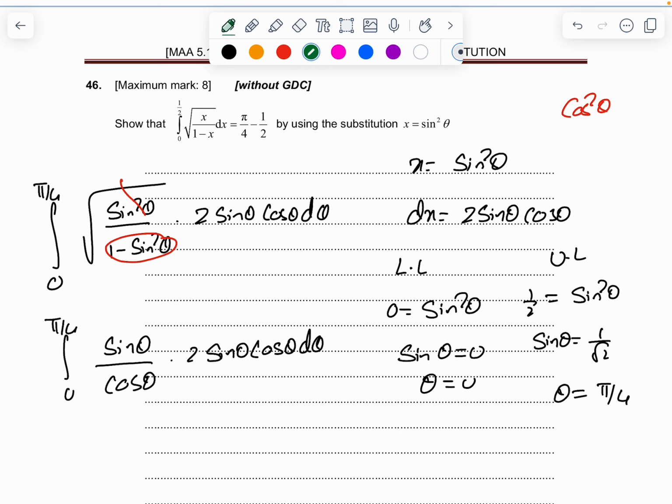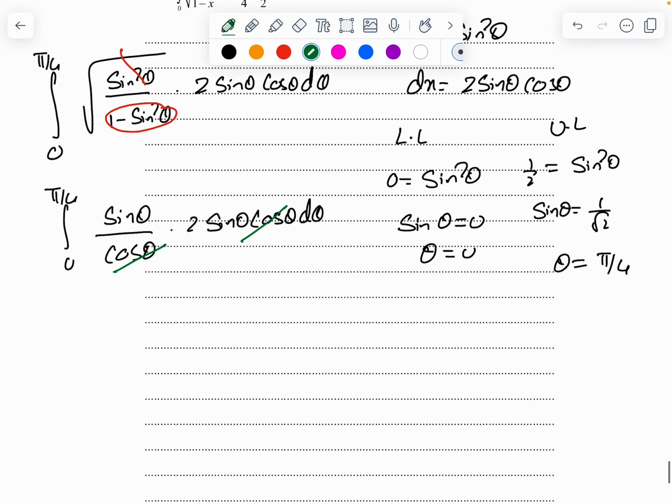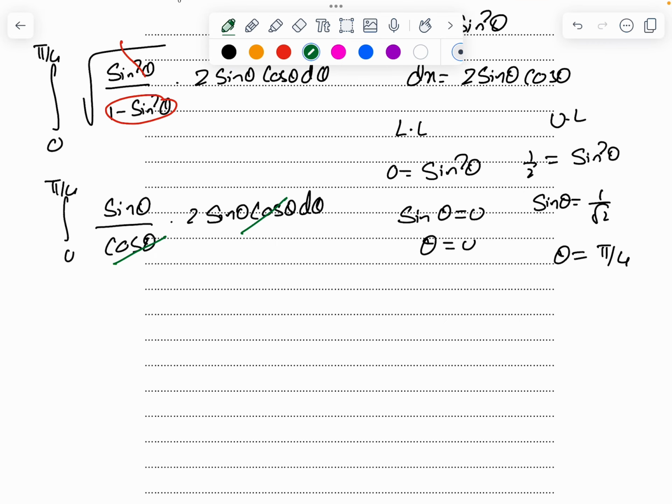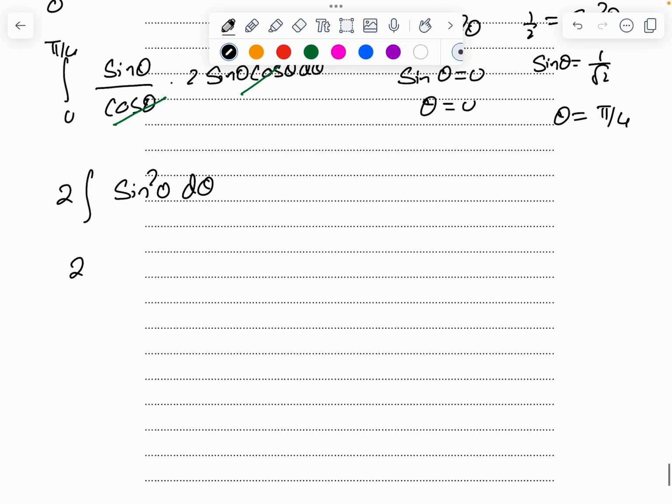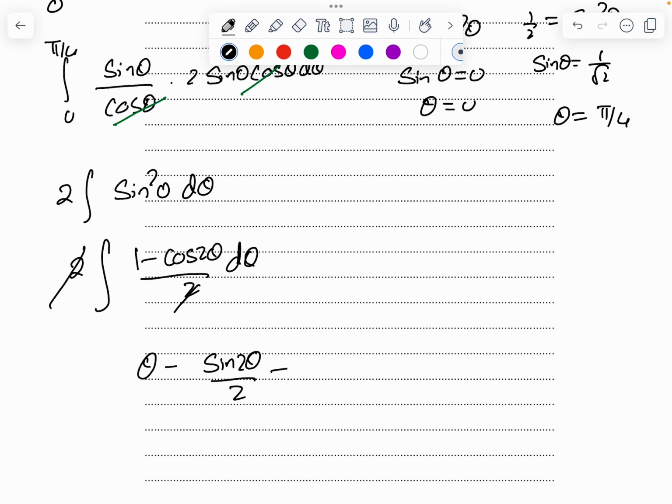Then cos theta cancels. 2 is a number outside. Sine theta times sine theta is sine square theta d theta. 2 times 1 minus cos 2 theta by 2 d theta. So 2 cancels. The integral of 1 is theta. The integral of cos 2 theta is sine 2 theta by 2.